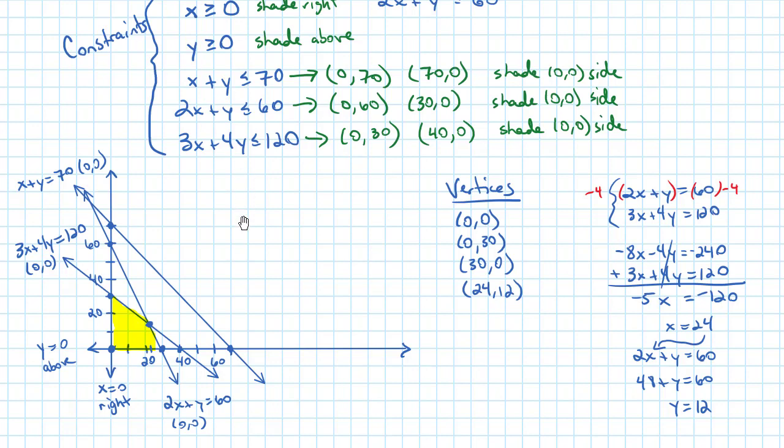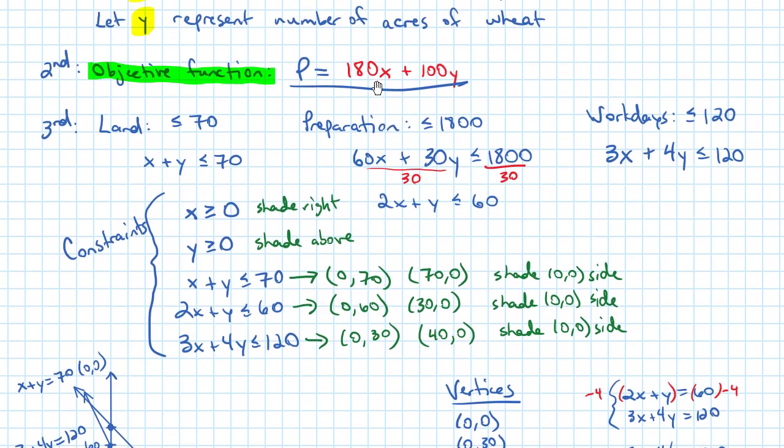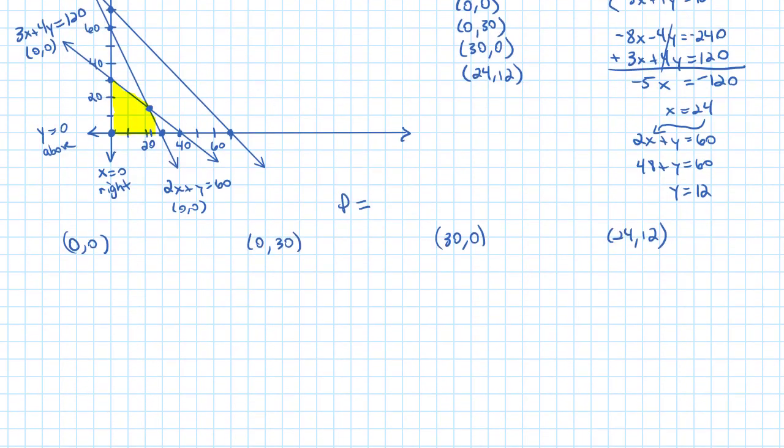So now, to optimize our objective function, I need to plug those 4 vertices into the objective function, the profit function. And the profit function, remember, let's write it out again. The profit function was p equals 180x plus 100y.